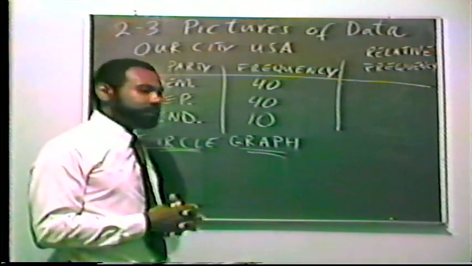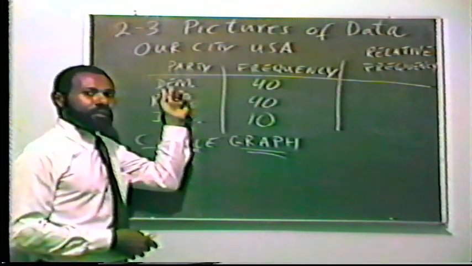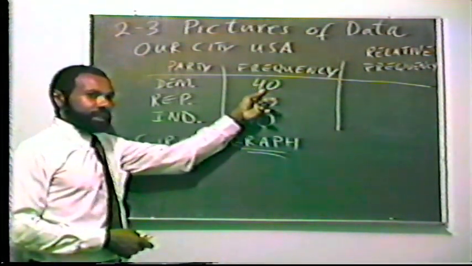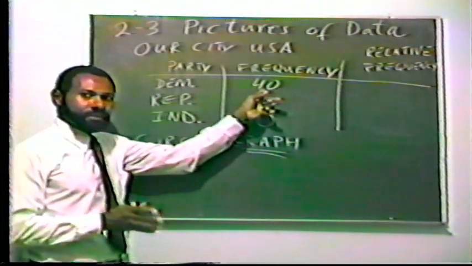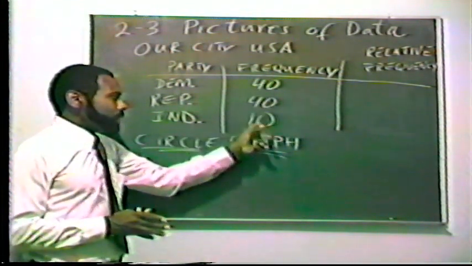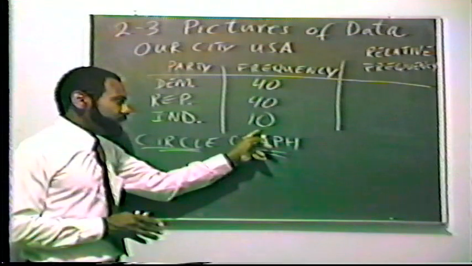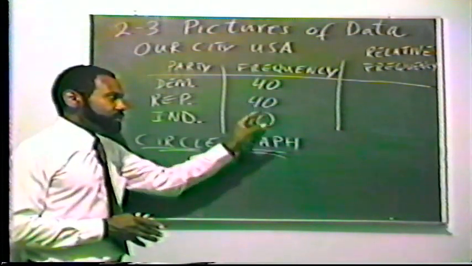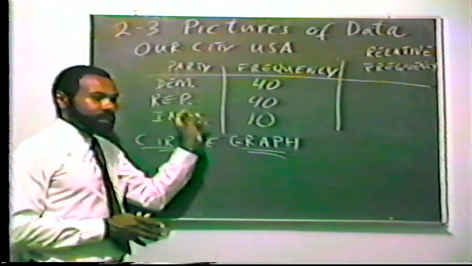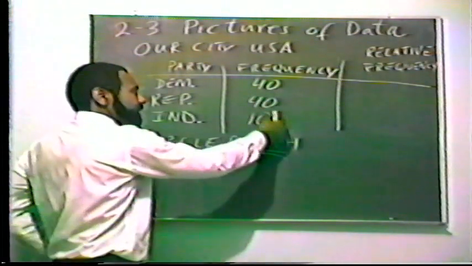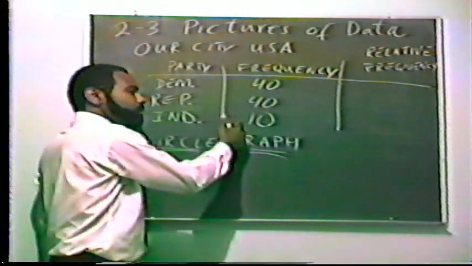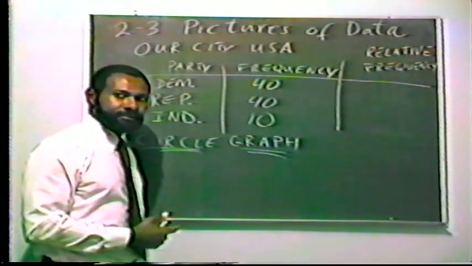For example, for the Democrats, we have 40. That's the frequency for the Democrats. The total frequency, the combined frequency, or the cumulative frequency for all of these different categories is 90. 40 plus 40 plus 10 will give us 90.